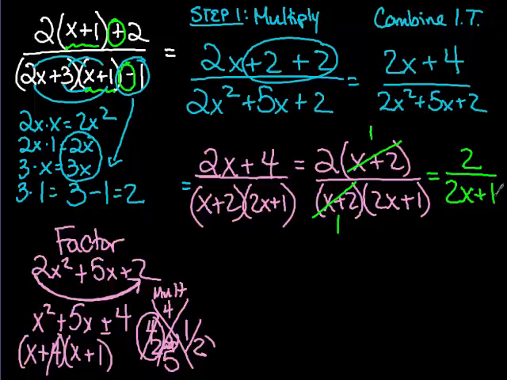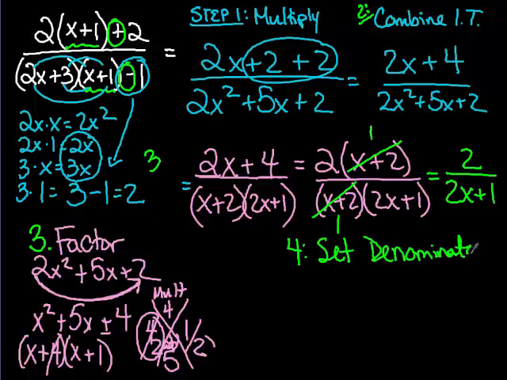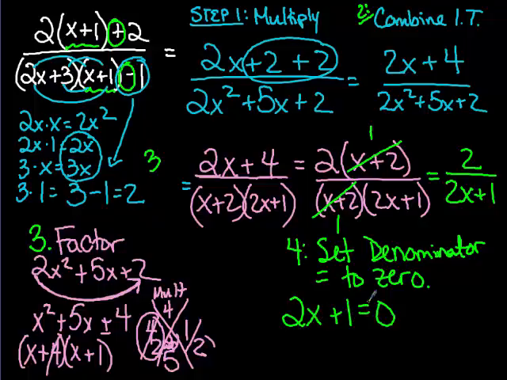So step 1 we multiplied, step 2 we combine like terms, step 3, oops, sorry, let's put the 3 over here. Step 3, refactor, and step 4, we're going to set the denominator equal to 0. So I have 2x plus 1 equals 0. Subtract 1, divide by 2, and so x is equal to negative 1/2.